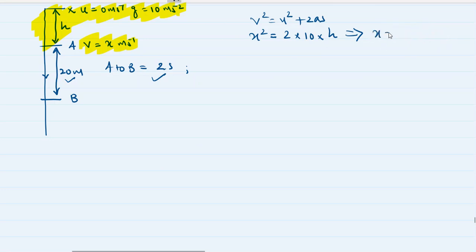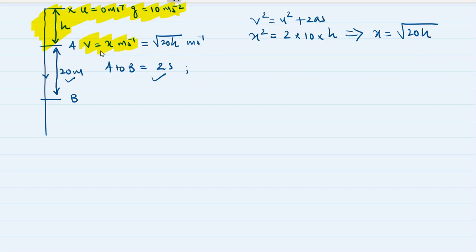We get x is equal to under root of 20h. Okay, so we have got the velocity here, x in terms of h, that is under root of 20h meter per second. Now what?